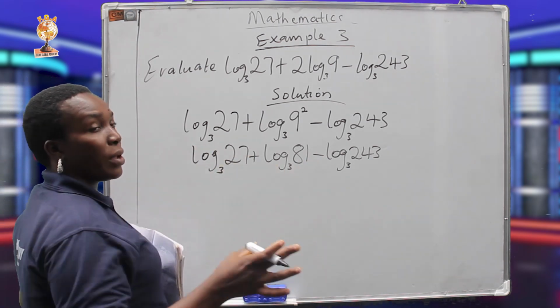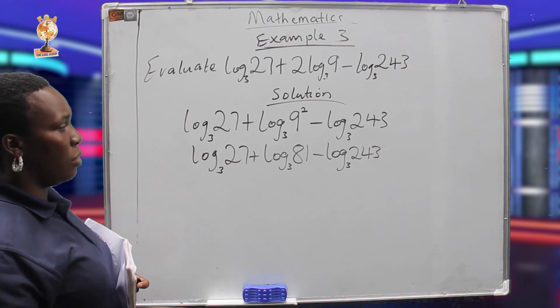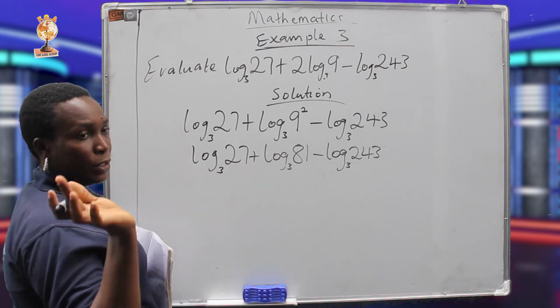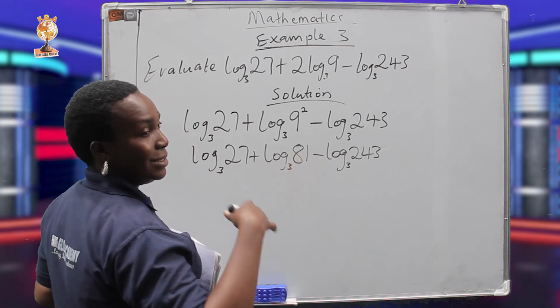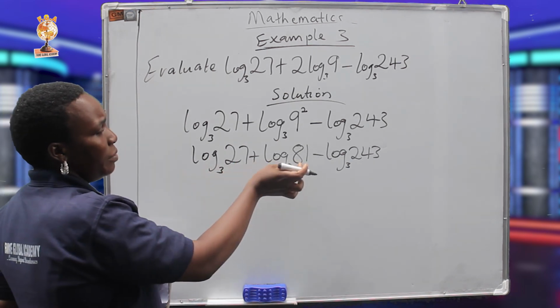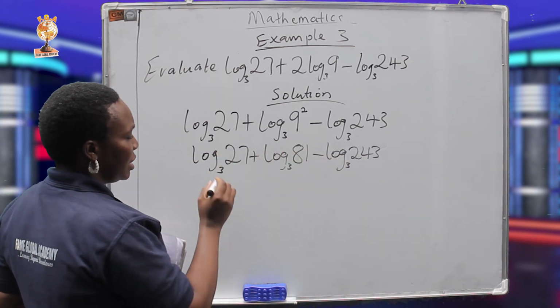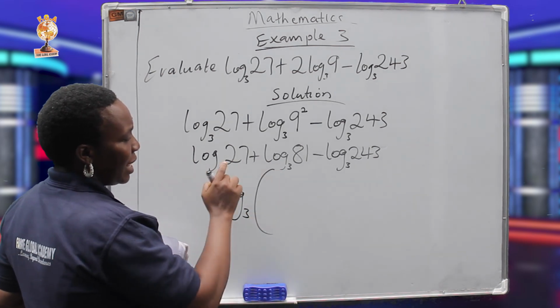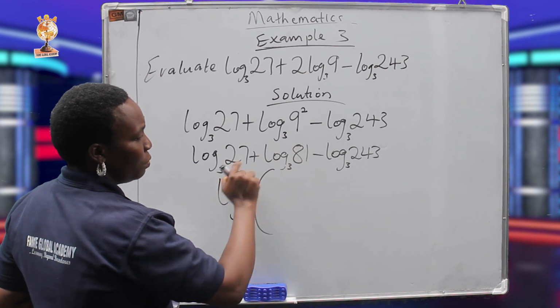So from here now, we can apply our rule or our law. And the law says that addition means multiply, subtraction means divide. So this is going to give us, so long as this is base 3, base 3, base 3, you take it as one log base 3. Then you have your bracket. This and this means what? Multiply them.